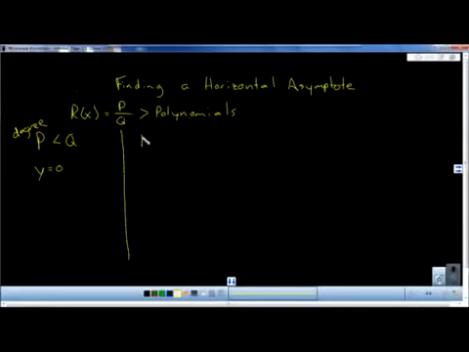If the degree of p is equal to the degree of q, then the horizontal asymptote will be equal to the leading coefficient of p, which we're going to call a, over the leading coefficient of q, which we're going to call b. And if the degree of p is greater than the degree of q, then there are no horizontal asymptotes.